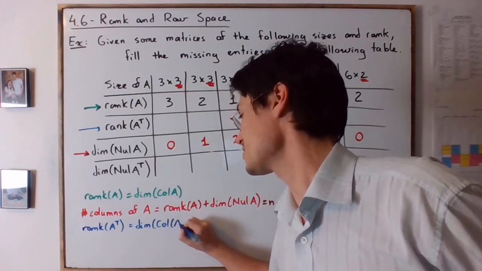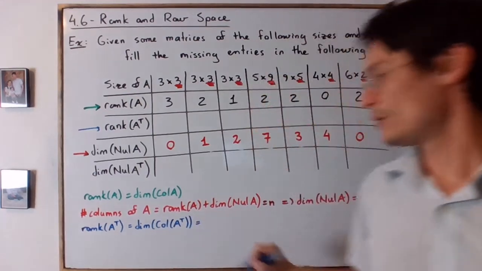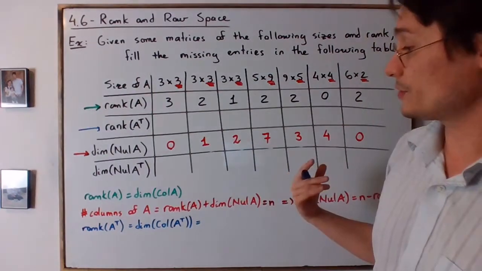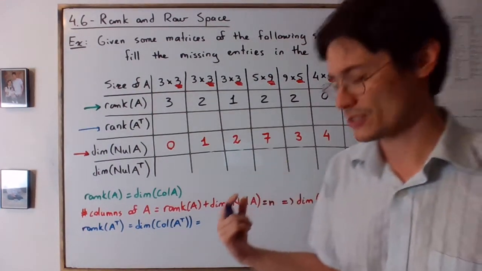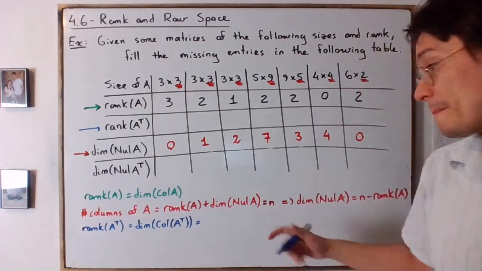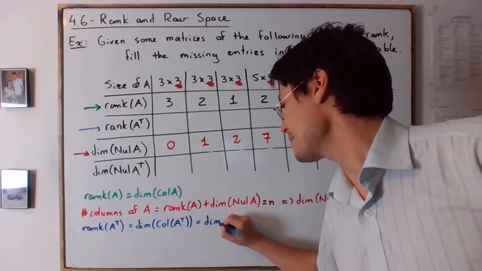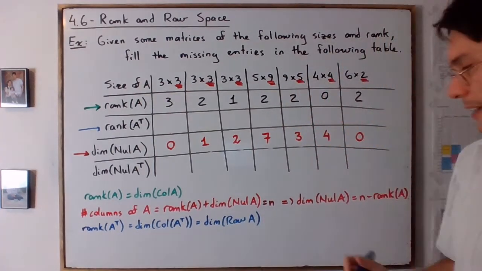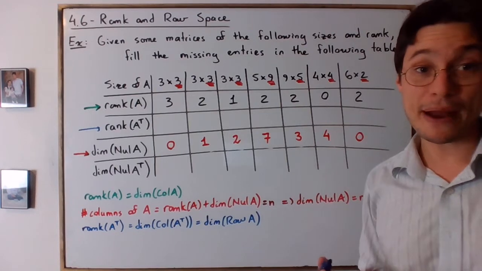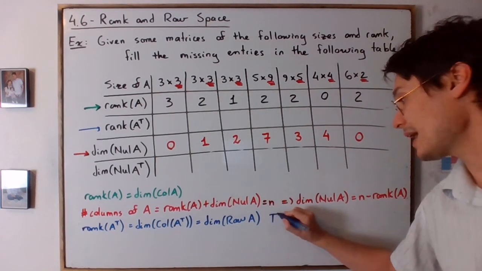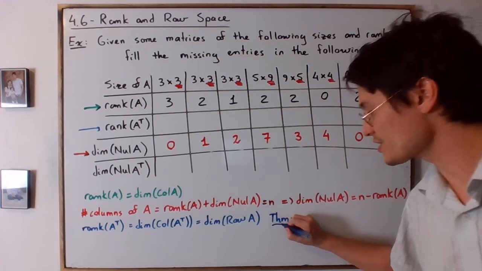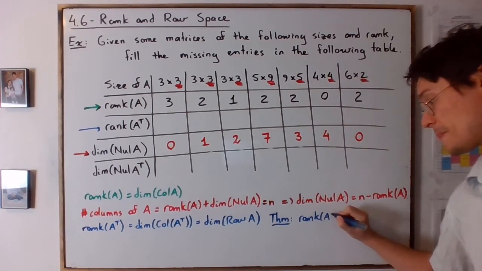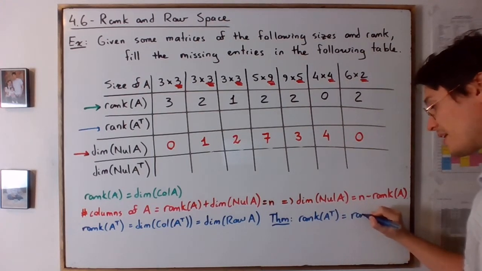Remember that the column space of A transpose is the row space of A. So it's the dimension of row A. And there's a theorem that we saw in class that I'm not going to prove again, but I'm going to justify: the rank of A transpose is equal to the rank of A.